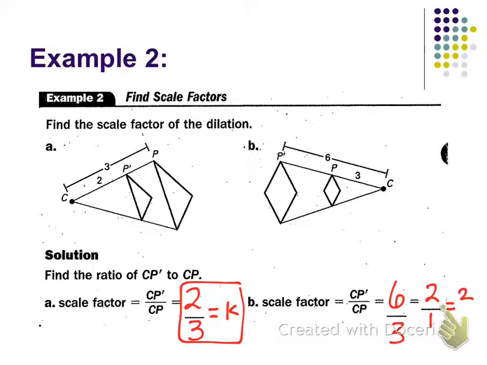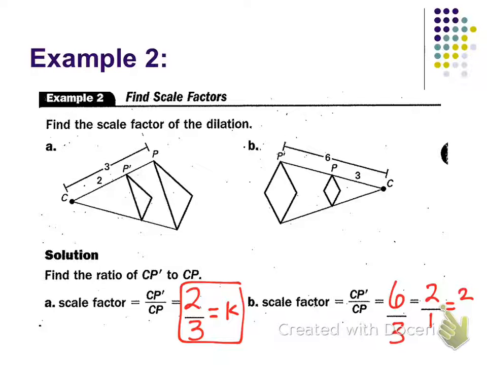On part B, thumbs up, thumbs down. Is this an enlargement or a reduction? I should see all of those thumbs facing up. This is an enlargement. The image with P prime is bigger than the original. Is our scale factor bigger or smaller than 1? Bigger. If your scale factor is bigger than 1, it's going to be an enlargement.